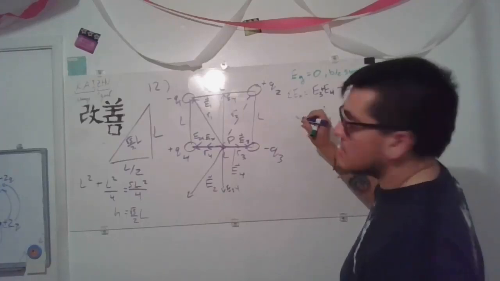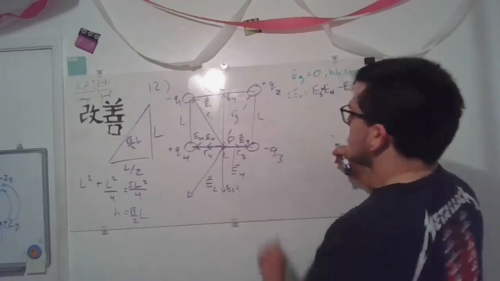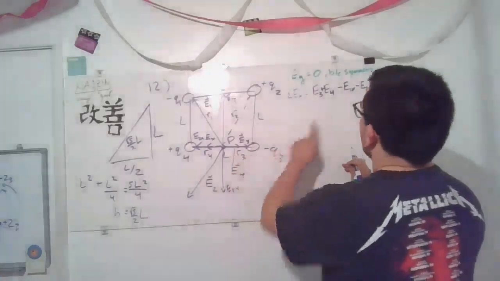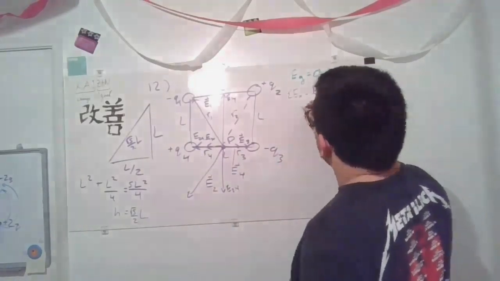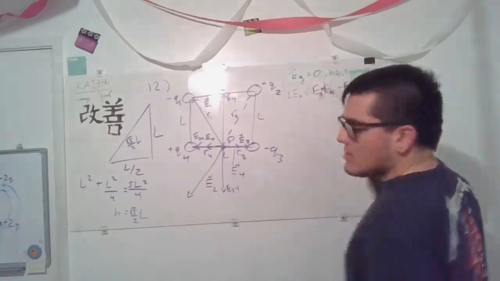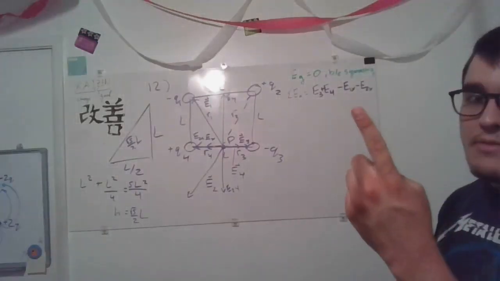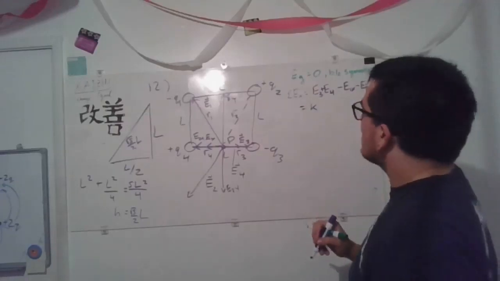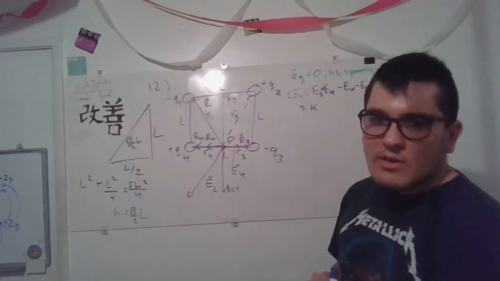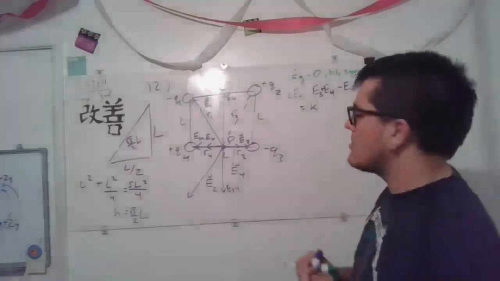So E3 is due to this charge Q here. E4 is due to this charge Q here. And we're just going to have to add them all. What do all these electric fields have in common? They have Coulomb's constant. So I can factor that out, K. But I'm not going to factor out any distances. That's a little too complicated.